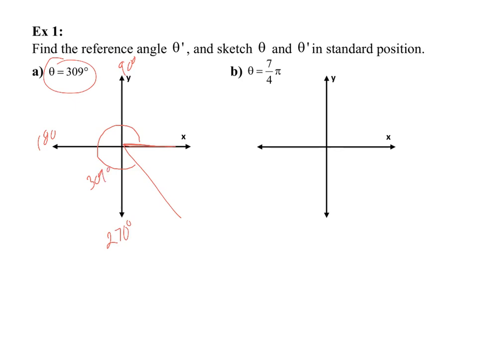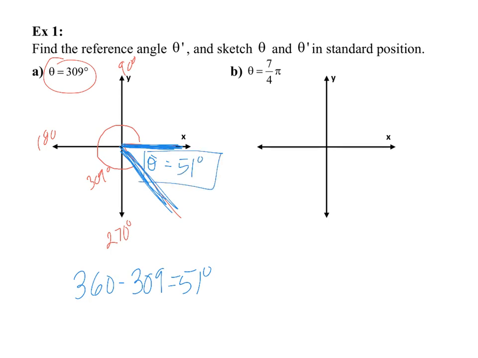The reference angle is formed by the terminal side and the x-axis, and it's always an acute angle, meaning less than 90 degrees. So this is my reference angle here. How do I obtain that? It depends on the situation, but in this case, I'm going to take 360 and subtract 309 since I'm in the fourth quadrant, and I get 51 degrees.